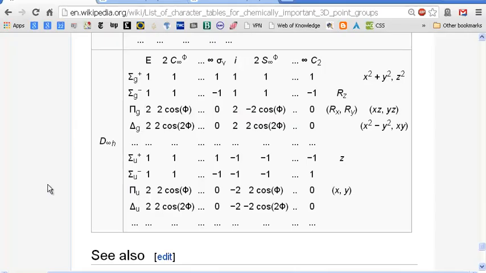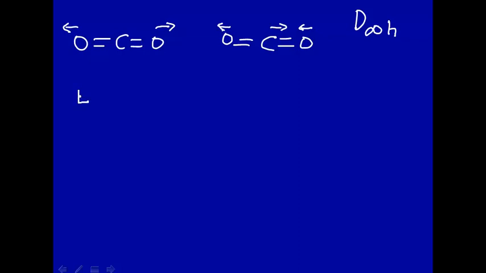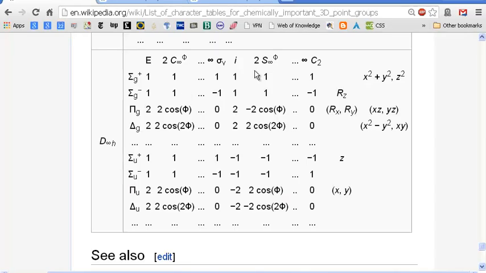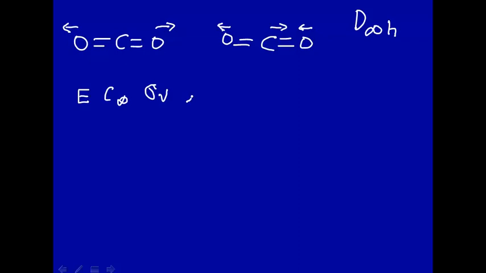Here's D infinity h. Since it's a linear molecule, it has an infinite number of symmetry operations associated with it, so let's just write these down. E, C infinity, sigma v, i, S infinity, and C2.